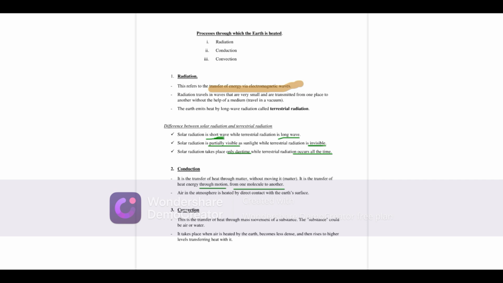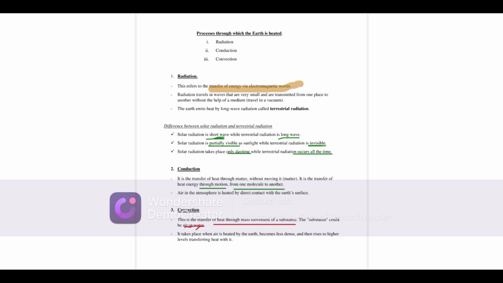About convection, it is the transfer of heat through mass movement of a substance. I think that is the main point here: heat through mass movement of a substance. The substance in this case could be air or water.